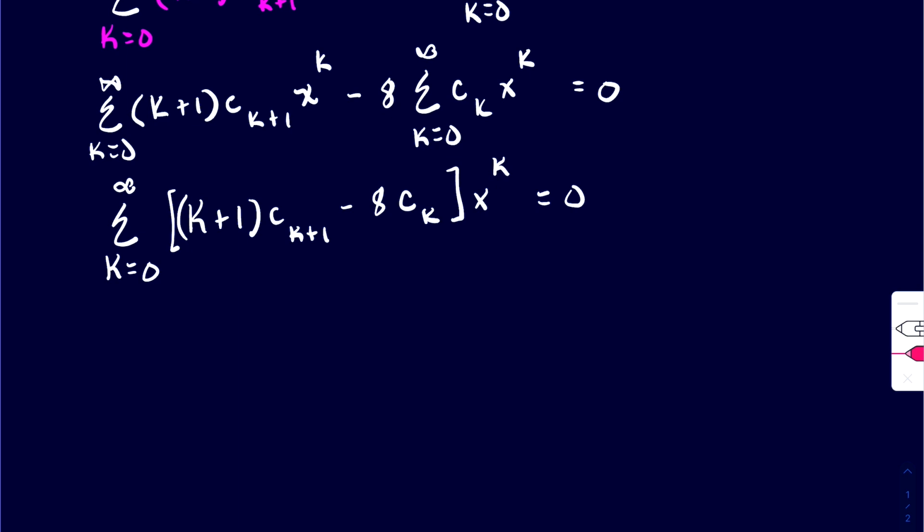Cool so far? Beautiful. So now we set the factor that's next to that x to the k equal to 0 and solve.